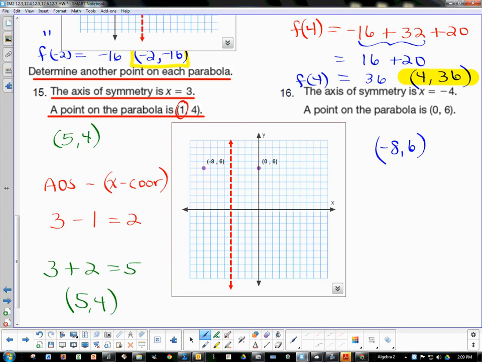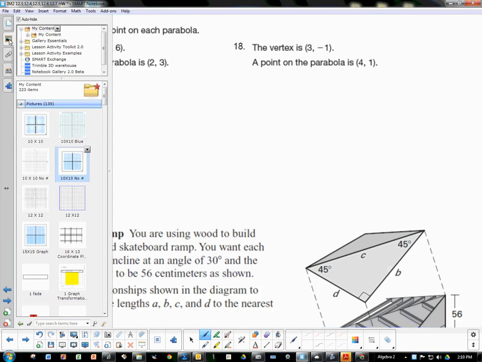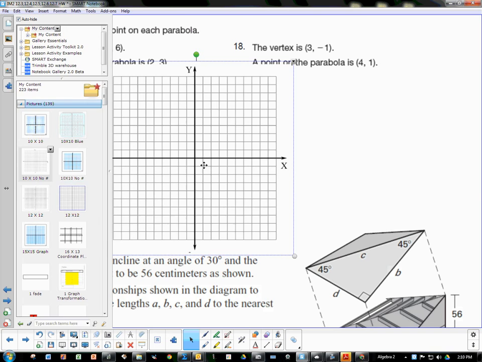All right. Moving ahead, number 17. Number 17 says determine another point on the parabola. Okay, so once again they've given us a point and the vertex. All right. So let's go ahead and let's grab a graph here.